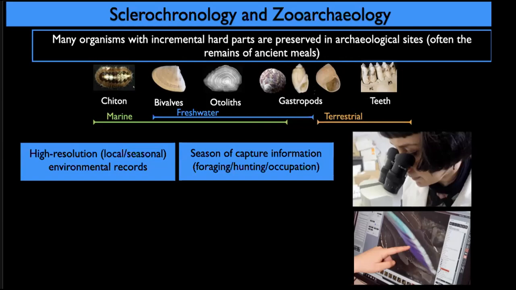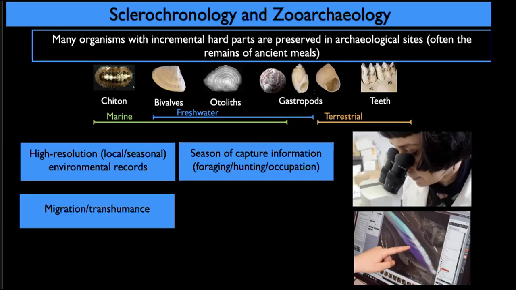We can also use the growth patterns and geochemistry of the last deposited growth increment in archives such as bivalves, gastropods, and teeth to reconstruct season of death information, so therefore allowing reconstruction of hunting and foraging patterns. We can also look at geochemical patterns of oxygen, carbon, and strontium isotopes in animal and human teeth to reconstruct migration patterns, and also pastoralism practices such as transhumance.